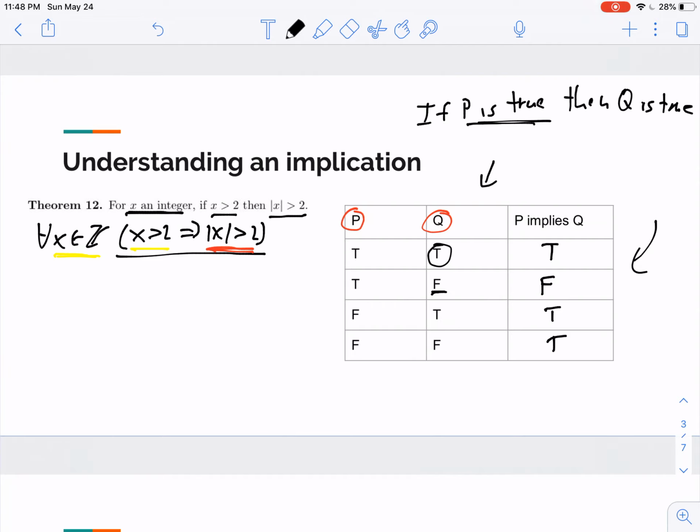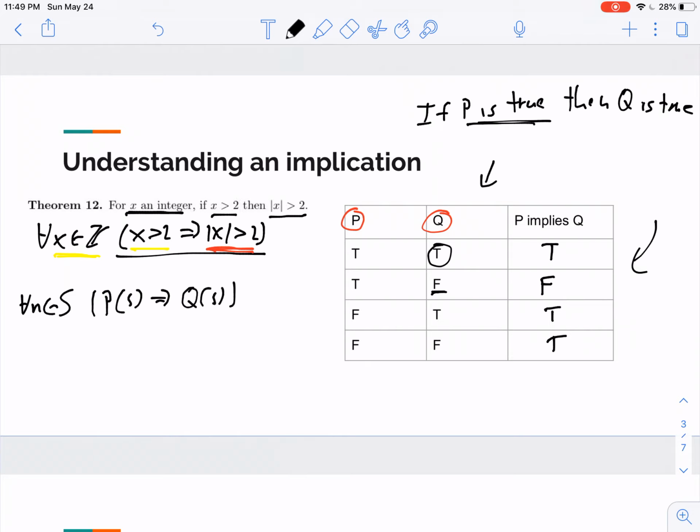So this suggests another proof strategy. We wrote theorem 12 out like this, but in general, we can write a lot of implication statements as: for any n in some set S, the following binary operation is true, and that binary operation is P of n implies Q of n.